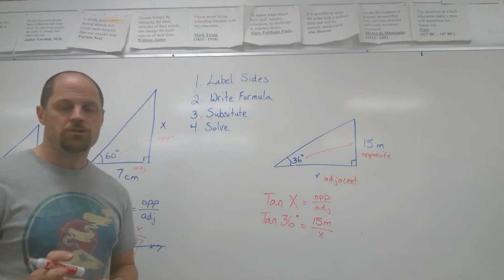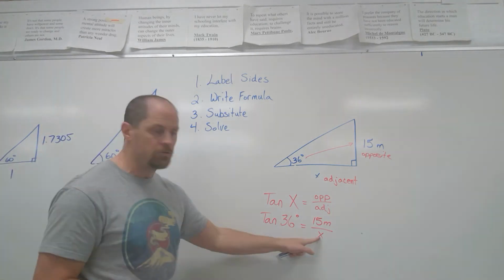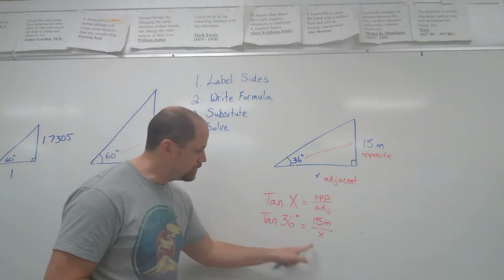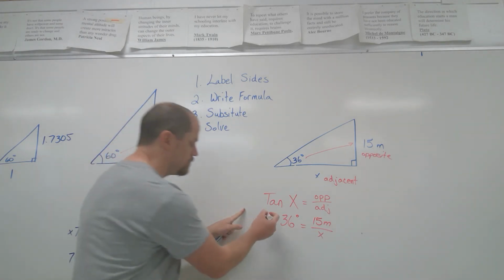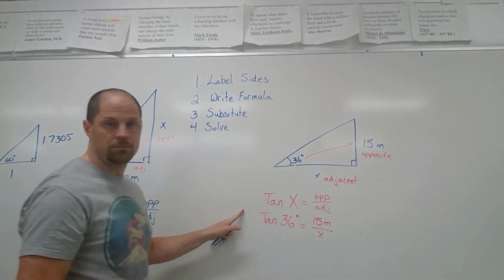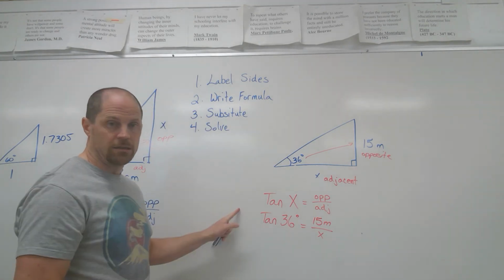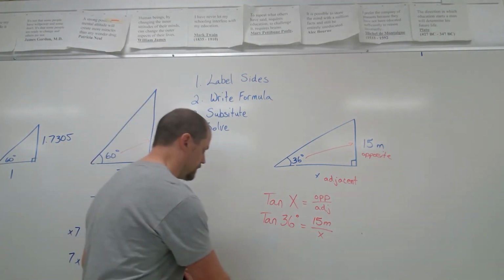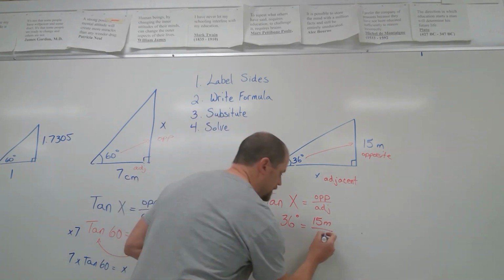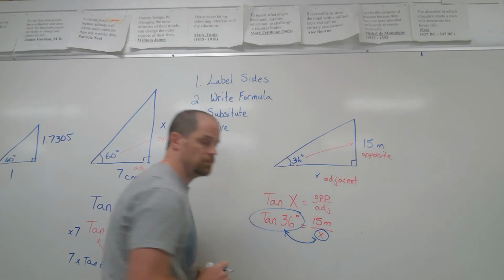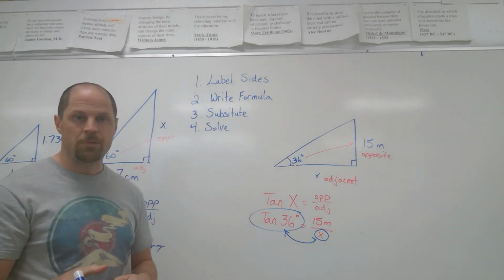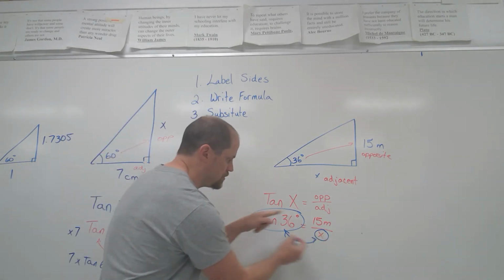So this is one of the tricky algebra questions because the unknown is on bottom. We need to move this x over here by multiplying, and then we have to get this away from the x to isolate the x. Now, a shortcut. I am going to take these two pieces and switch them. You can do it step by step, but in the end, we are going to take these two pieces and reverse them.